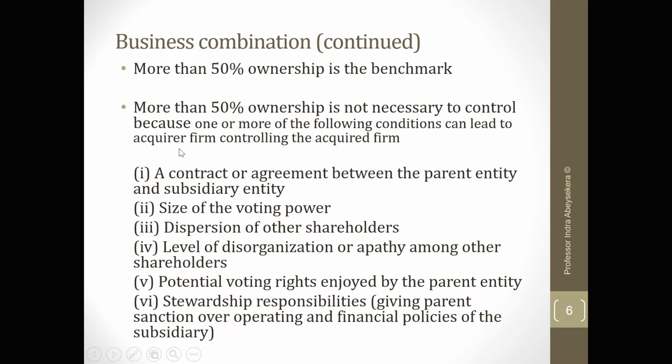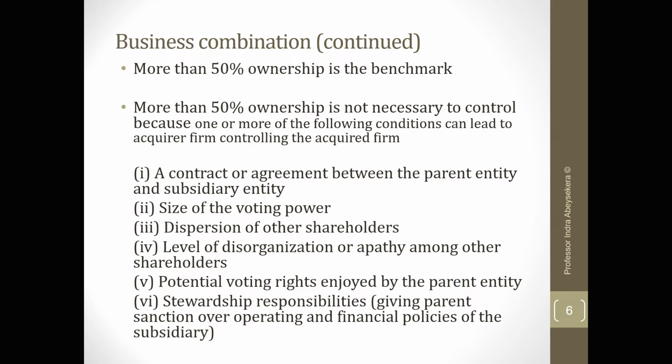More than 50% ownership of acquirer acquiring the acquiree or the subsidiary is the benchmark, but it is not necessary to obtain control of the subsidiary. There could be various other ways it can acquire control.